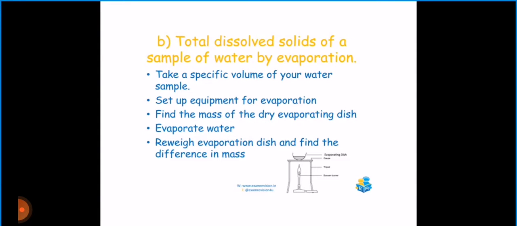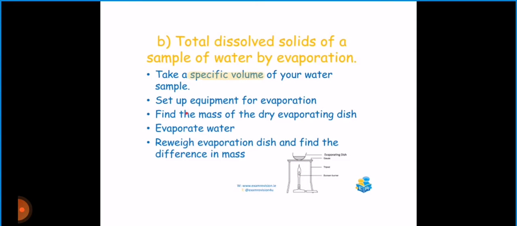So for the second part of the experiment, you want to find the total amount of dissolved solids in your sample of water, and to find dissolved solids you use evaporation. So again, you take a specific volume of the water that has been filtered. You set up your equipment for evaporation, and I have that set up down here for you in the bottom of the slide. So you can see you've got your evaporating dish, your wire gauze, your tripod and your Bunsen burner.